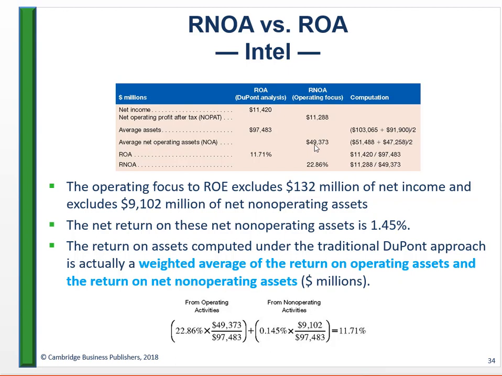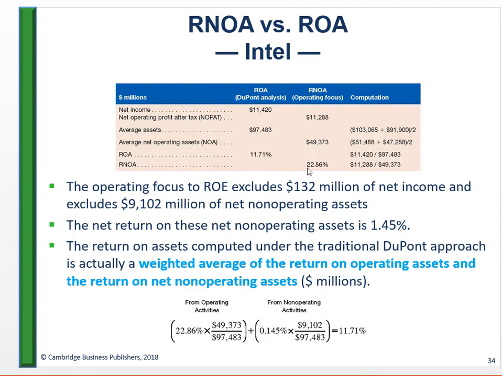So there's nearly $50 billion worth of assets on Intel's balance sheet that we would classify as non-operating or not otherwise really core to the processing and manufacturing of the chips that they sell into the marketplace, which as an analyst really makes you think.